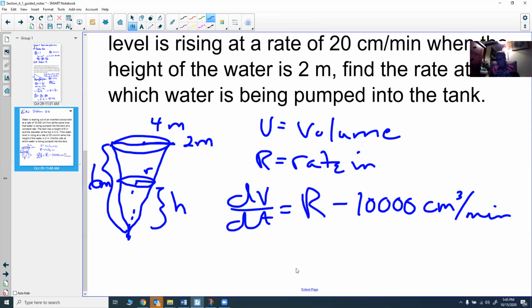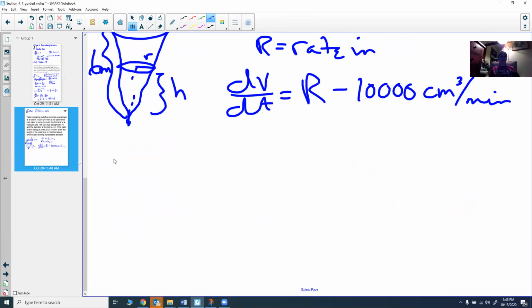What we want to know is how fast is the water being pumped in. So we have this rate in. We want to find out what that is. And that's what we're looking to find. Again, we have a few of the variables here. We have R, which is the radius. And we have H, which is the height.